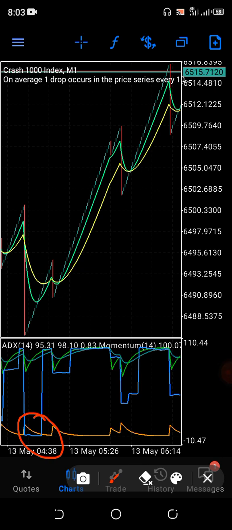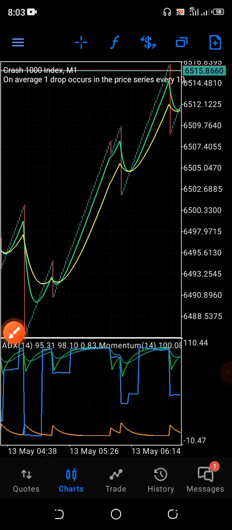Remember why I use this crash, so that the reverse will be the case when it comes to boom. When you want to do your scalping on the boom, this is where you should place your eyes. Please remember that. Crash goes this direction, while boom goes this direction on scalping. So don't make that silly mistake, because it's uncalled for.